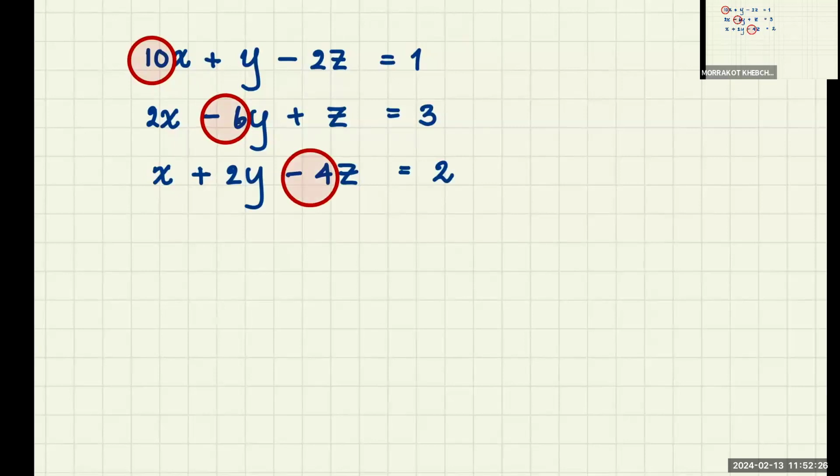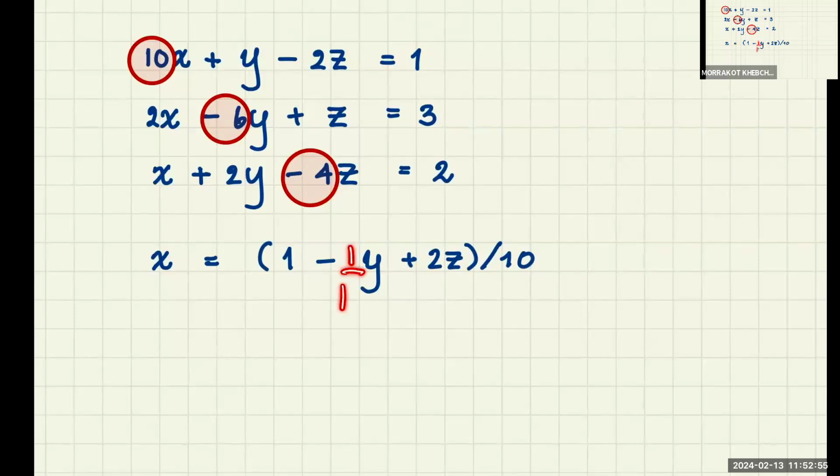If you have strictly diagonally dominant, why does it converge? Because this guarantees that your multiplier will be what? Less than 1, right? So this will guarantee that if you solve for x using the first equation, 1 minus y plus 2z, and then you divide it by 10. So you see, you multiply by 1 over 10, you multiply by 2 over 10, which is less than 1.